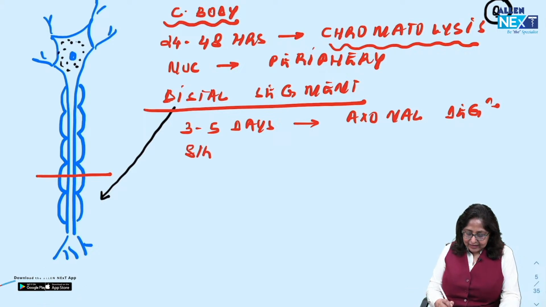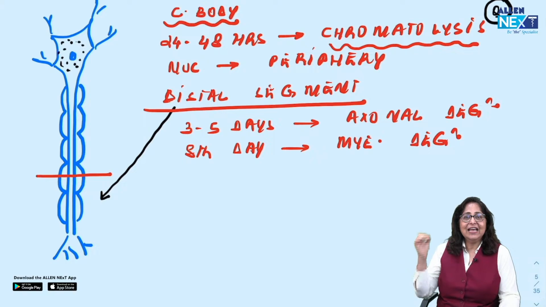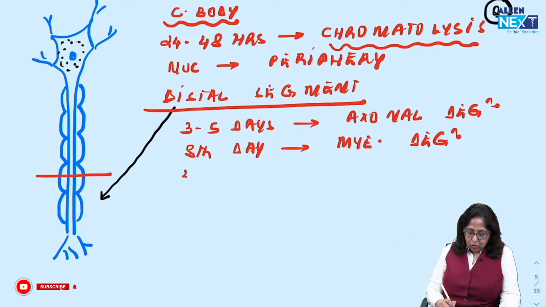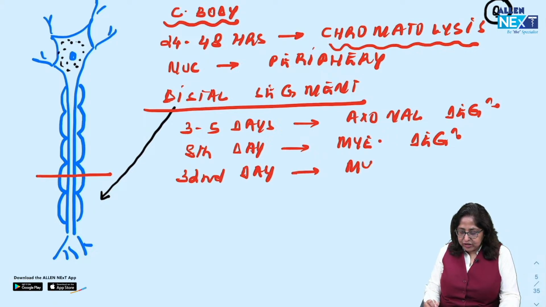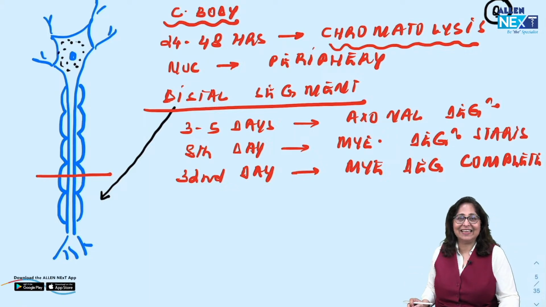On the 8th day, the myelin degeneration will start. Myelin begins to degenerate. Again, it will break down into lipid droplets. And on the 32nd day, myelin degeneration is complete.